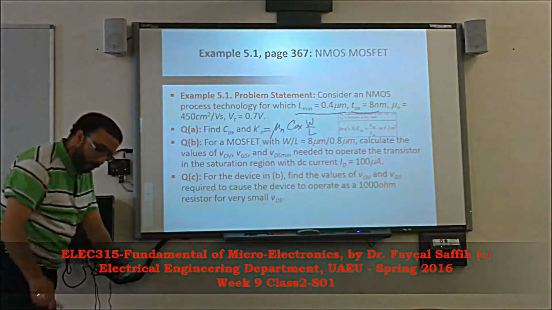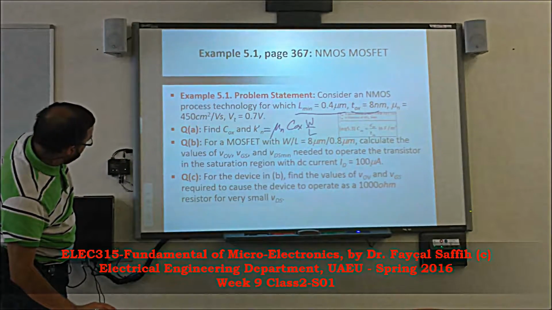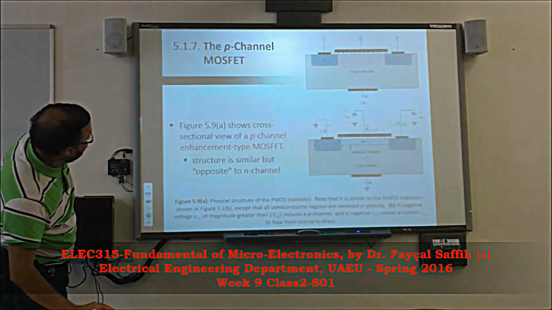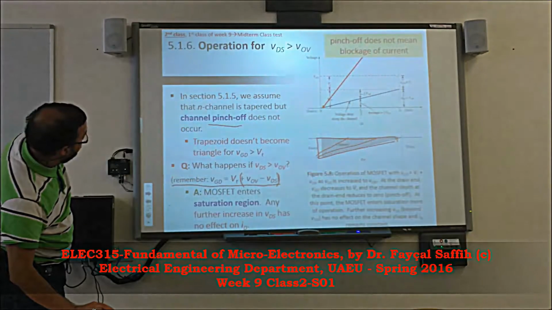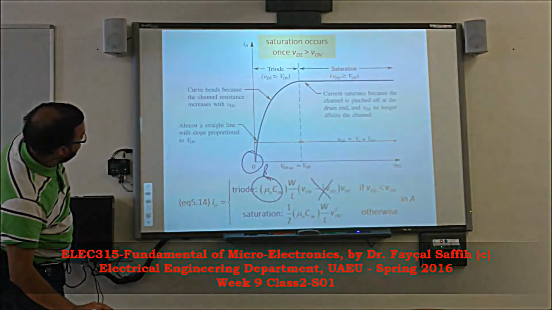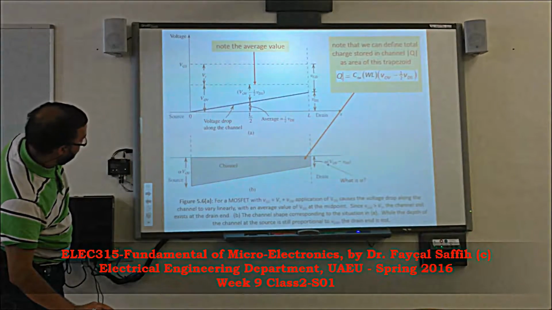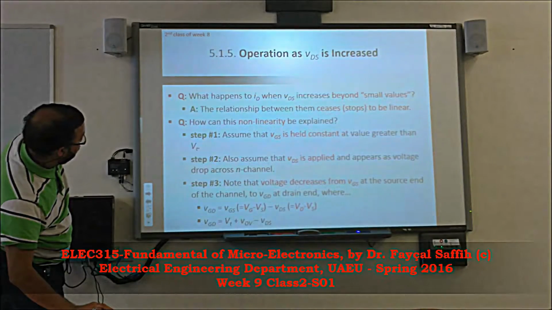Okay. Which one? W over L is Kn. This is week 1 of class 8. Let's see. This is 26, 25, 24, and 23.